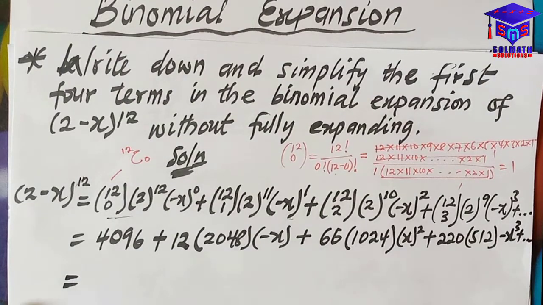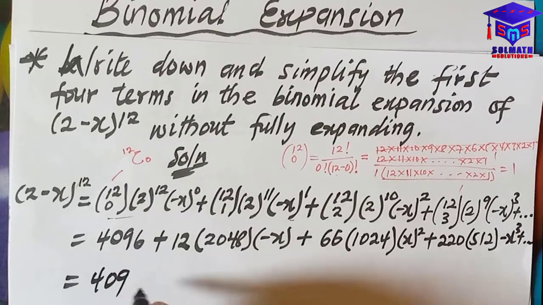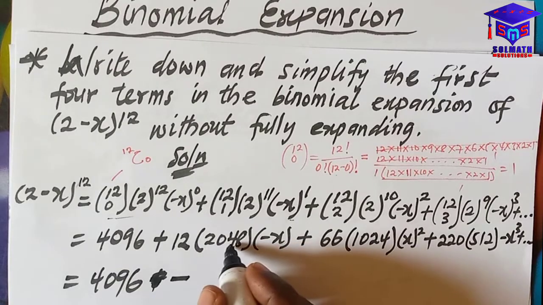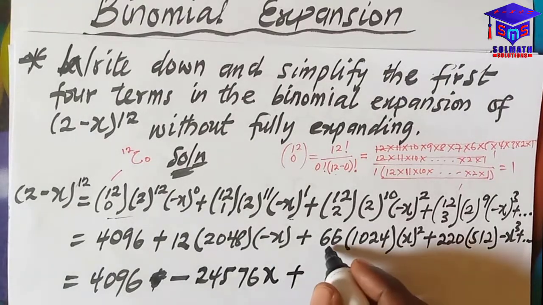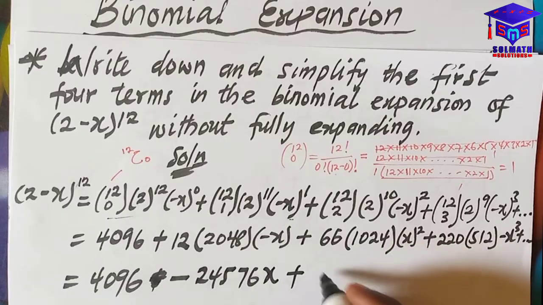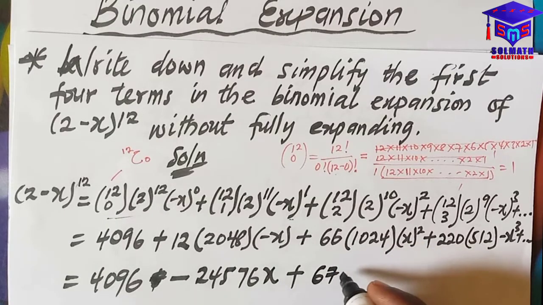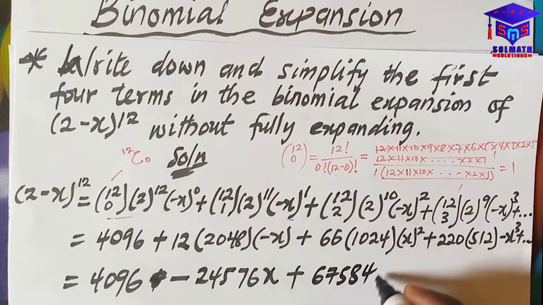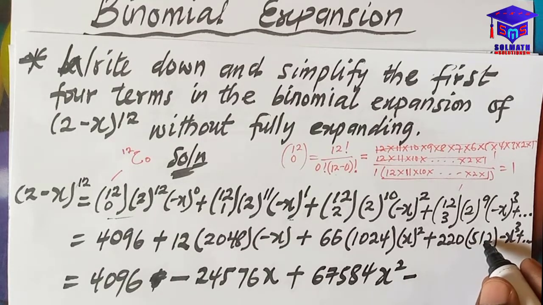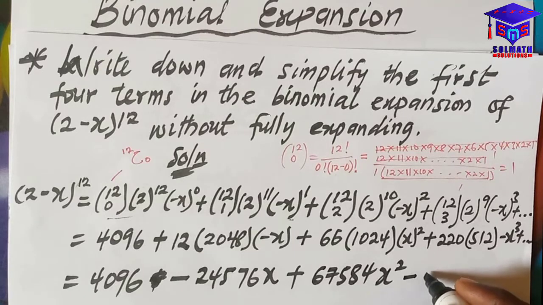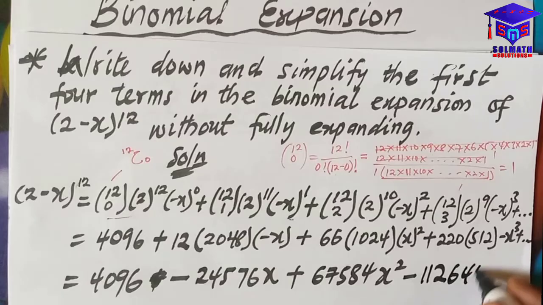Then we simplify and write the final answer. 4096, sorry, this will not be plus, it's minus because of the minus over here, 12 times 2048, which is 24576x, plus you do this, 66 times 1024, I suppose you'll be getting 67584x squared. Minus, because of the minus we have over here, 220 times 512 on your calculator, and I suppose you'll be getting 112640x cubed, plus dot dot dot.